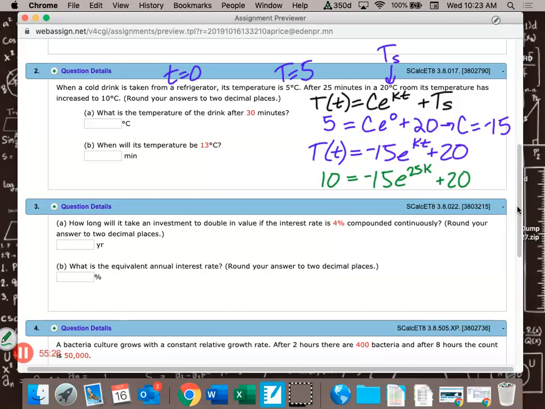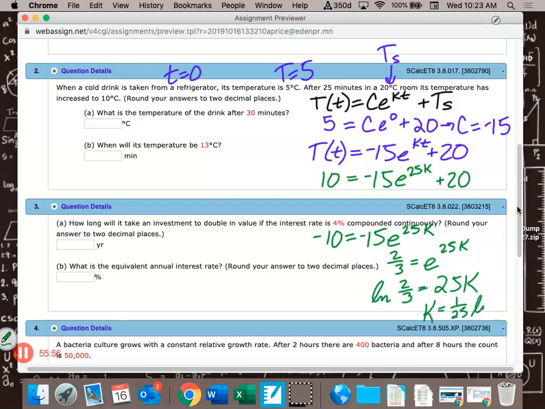Then divide by negative 15, so you get 2/3 equals e^(25k). Now take the ln, and finally you get k is 1/25 ln of 2/3.